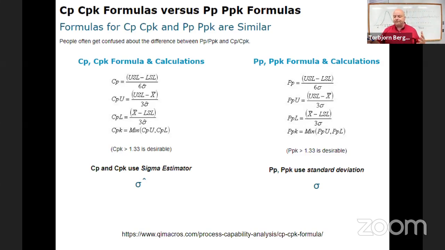There's debate about which measure is better, and they both have their place. So what we're going to do in the class, and there's a quiz question about that, is calculate the PP, which is just like the CP, except it uses the actual data and the standard deviation of the actual data as opposed to a value that you look up in a chart.